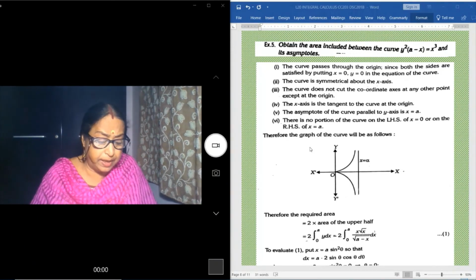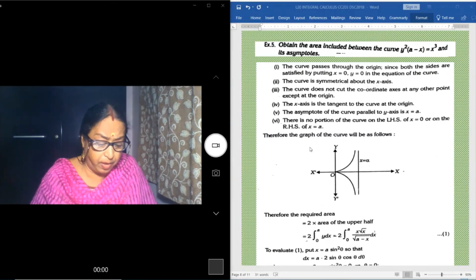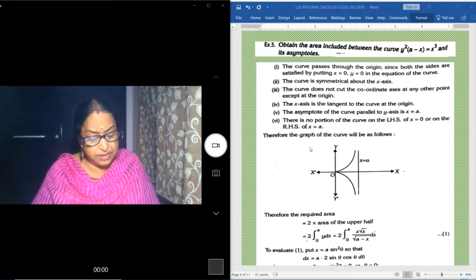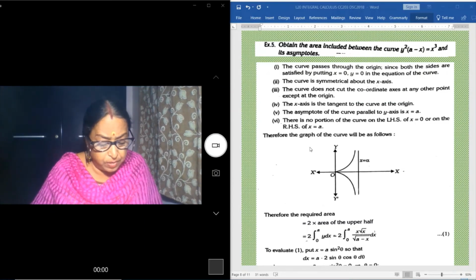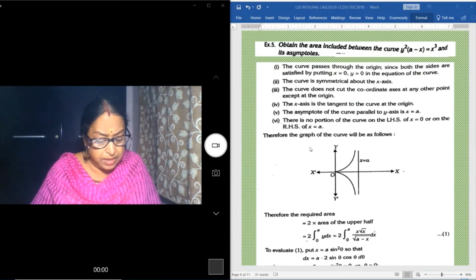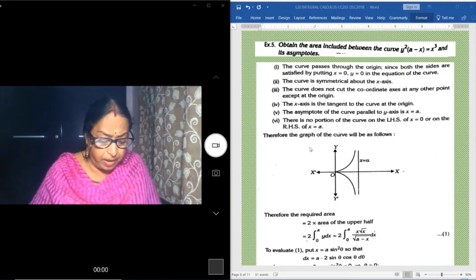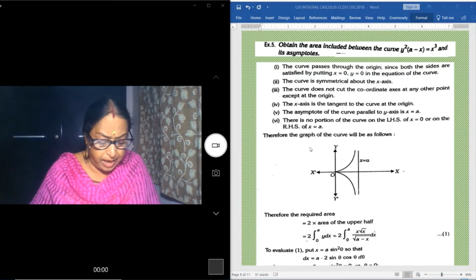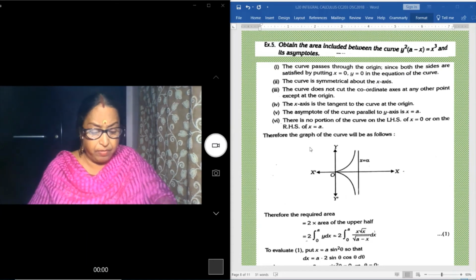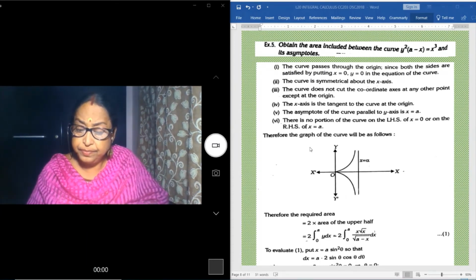So 2 times the area of the upper half. So y dx, here x varies from 0 to a. So taking the limit of x and y, putting the value of y and then integrating, we get the value.